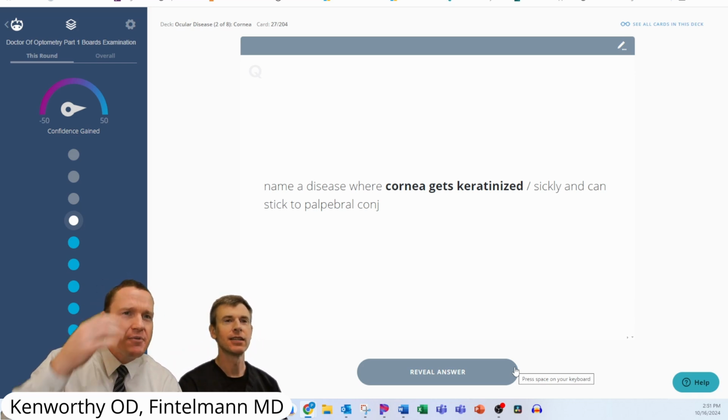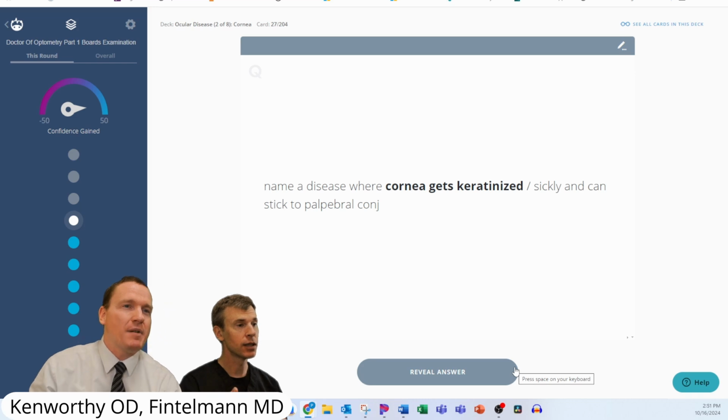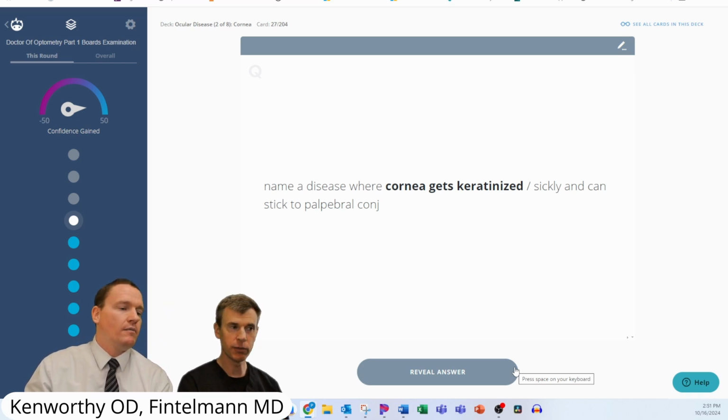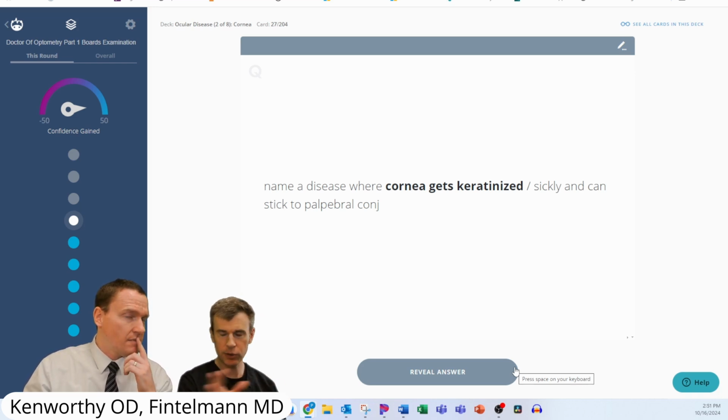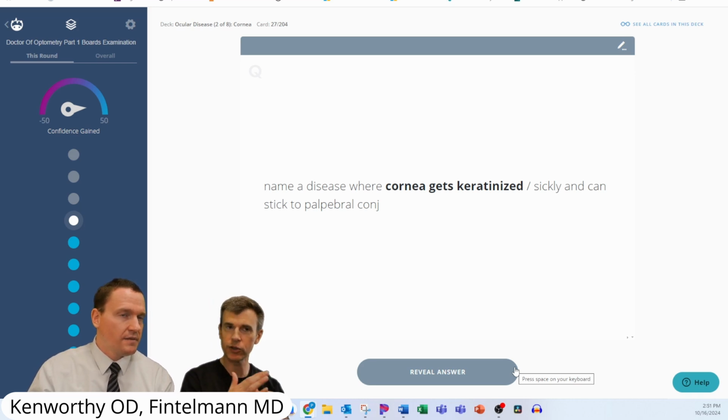Name a disease where the cornea gets keratinized, sickly, and sticks to the palpebral conjunctiva. Mucous membrane? Oh, no. Vitamin A deficiency? Absolutely, OCP, ocular cicatricial pemphigoid, is one. The other one, but that doesn't get stuck, would be vitamin A deficiency. So I would more say cicatricial pemphigoid.